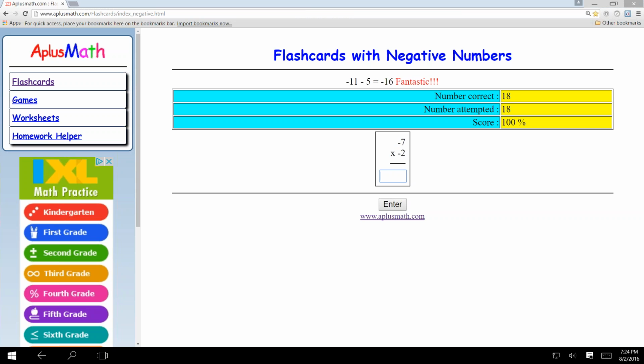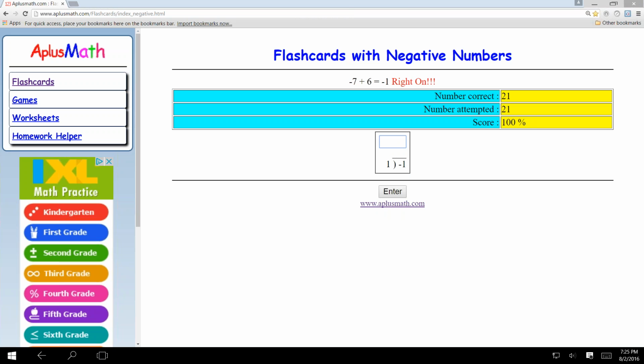Negative 14. No, positive 14. Oh, negative 1. Positive into a negative. Oh, yeah, negative.